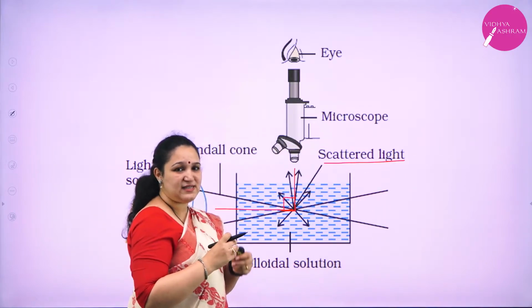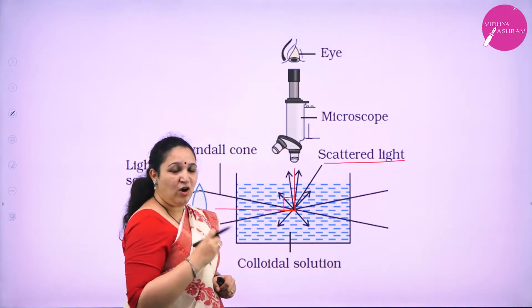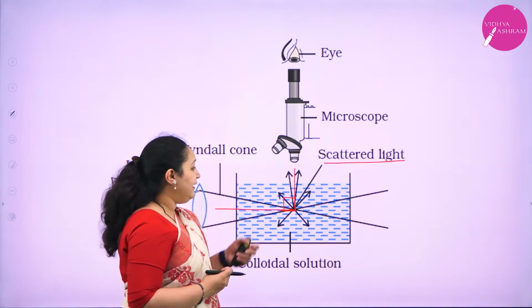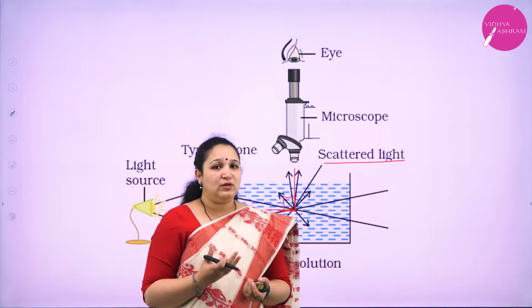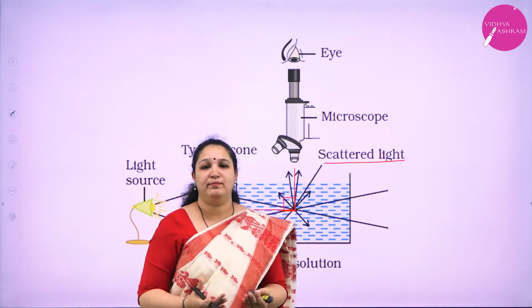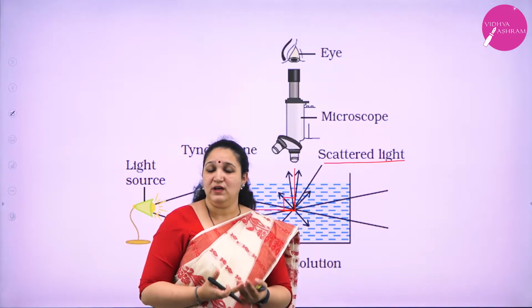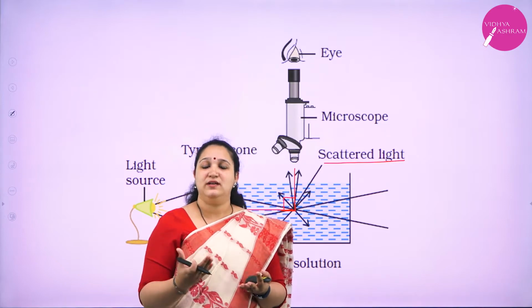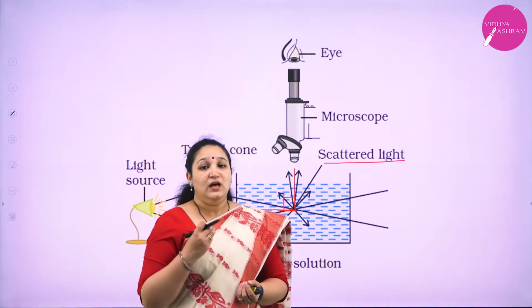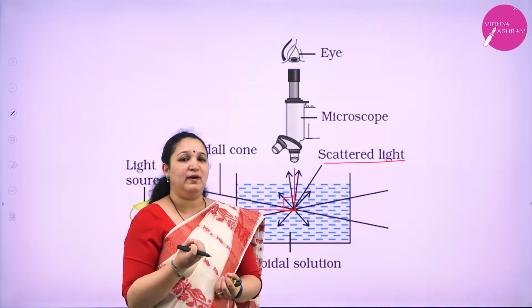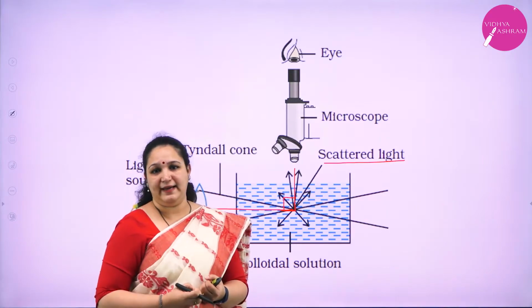That is, the light is getting scattered because of the colloidal particles. It looked like bright stars against a dark background. Those stars that he could see are nothing but scattering of light.